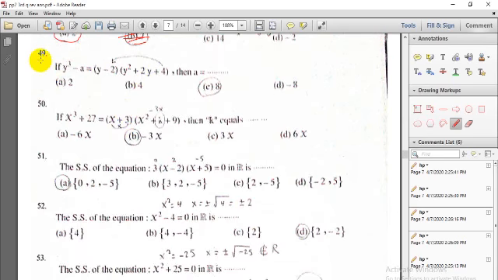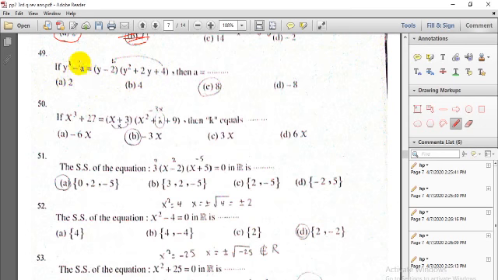Let's see number 49. If y power 3 minus a equals y minus 2 times y power 2 plus 2y plus 4. Look here, what do I have? I have y power 3 minus another number. It must be power 3.